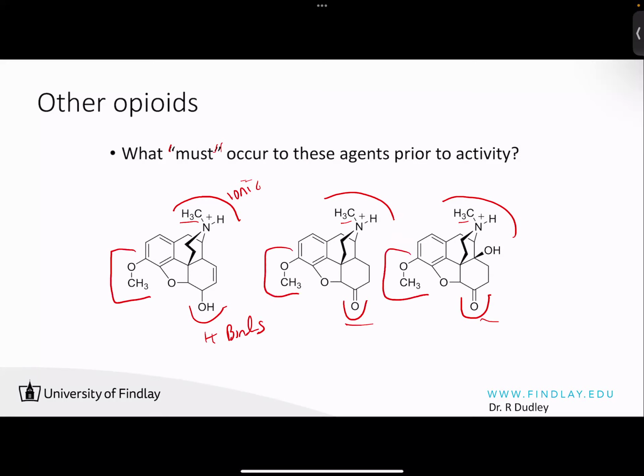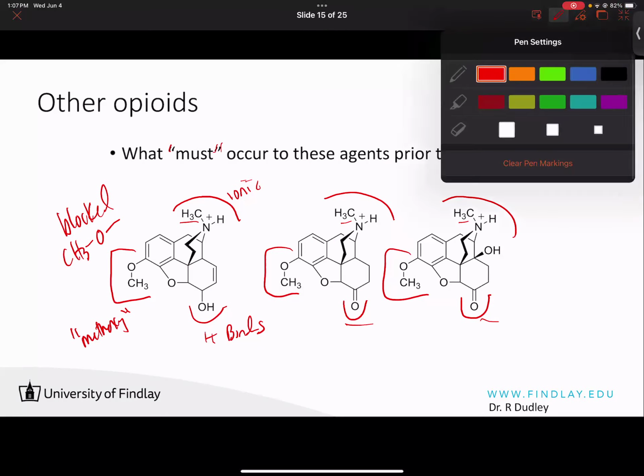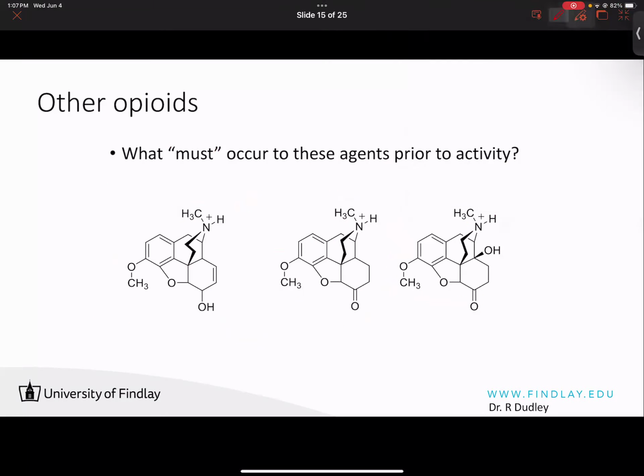What's here at the three position, though? These are all blocked because these are methyl ethers, right? Or methoxy groups. Okay. Remember, at the three position, you need that alcohol, right, to bind. But there is a caveat here.